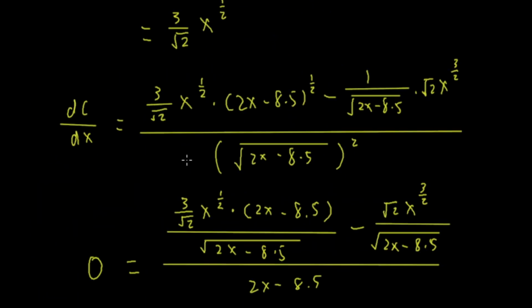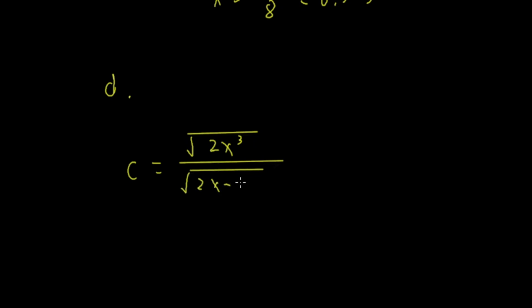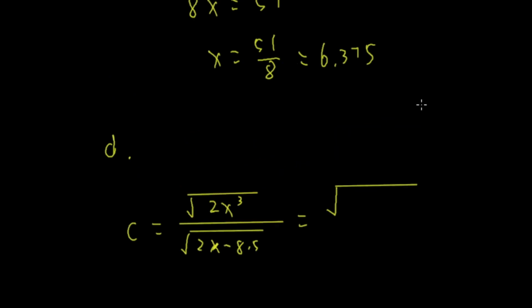Okay, so here. C is equal to square root of 2 x cubed over square root of 2x minus 8.5, right? And then just put 6.375 into x here.